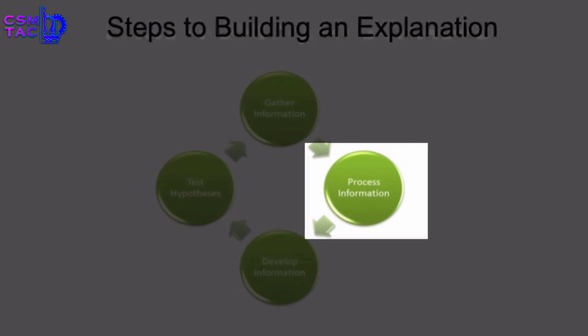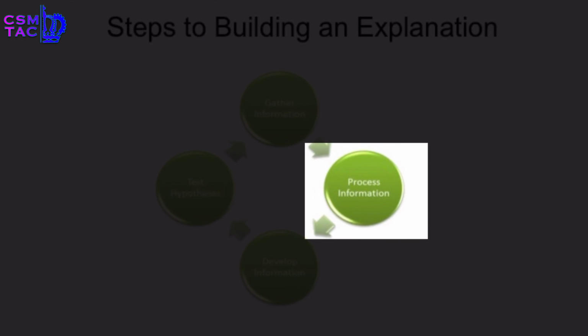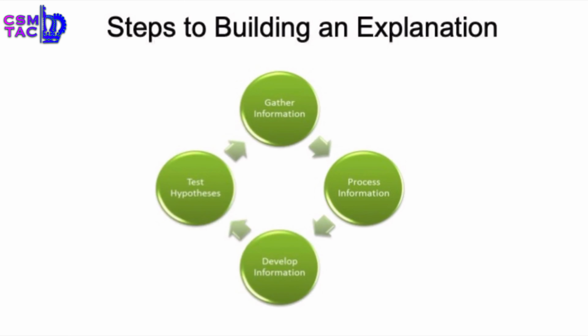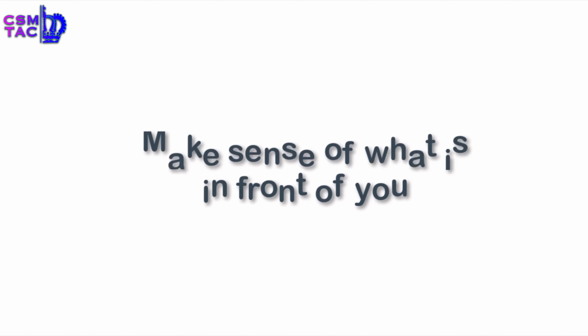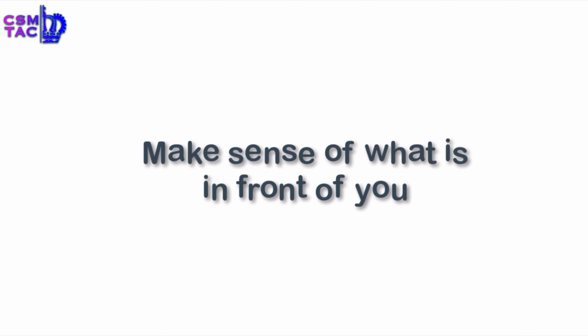Next is processing information. Once information is gathered, it must be processed. This means categorizing the information, assessing its reliability and credibility, and comparing and contrasting similar pieces of information. Your goal is to make sense of what is in front of you.